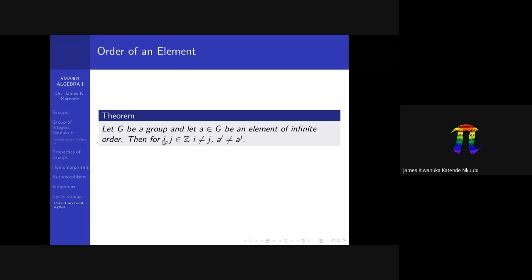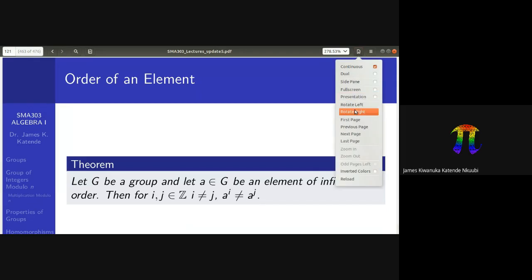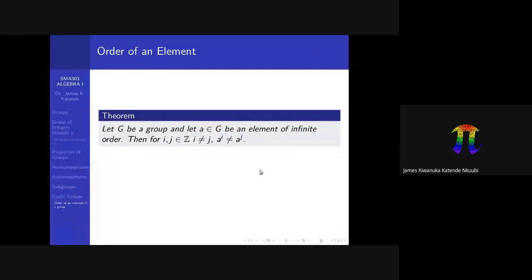Then if you pick two distinct integers I and J, A raised to I will not be equal to A raised to J. So if an element is of infinite order, then for any two distinct integers I and J, A raised to I will not be equal to A raised to J. Is there any question on that? So keep that in mind.